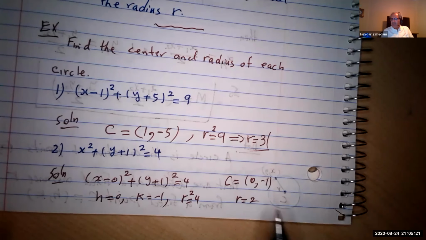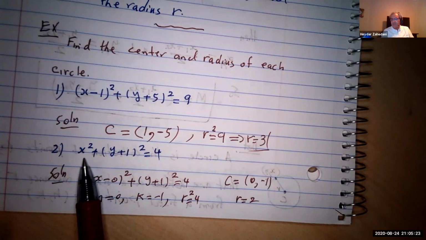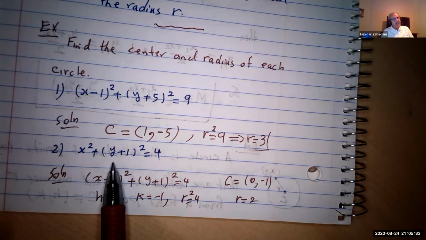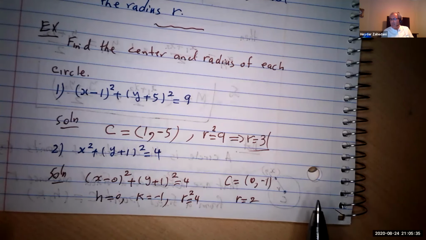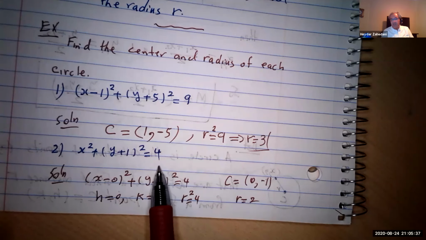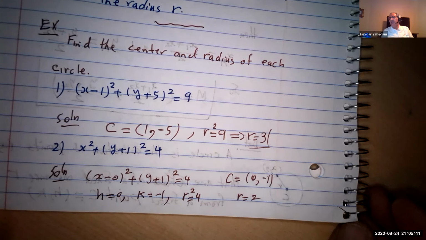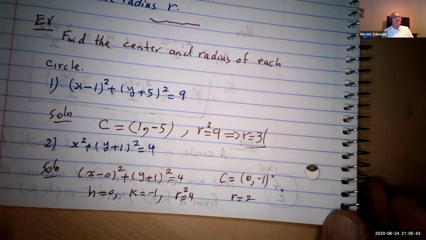Okay, so when it's x squared, we know that h is equal to 0. So we write this as 0 and negative 1. And r squared is equal to 4, so r would be 2, and then be done. Any question?